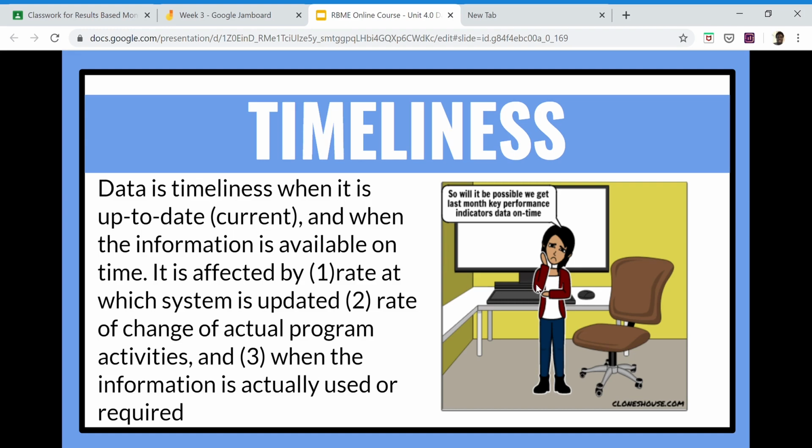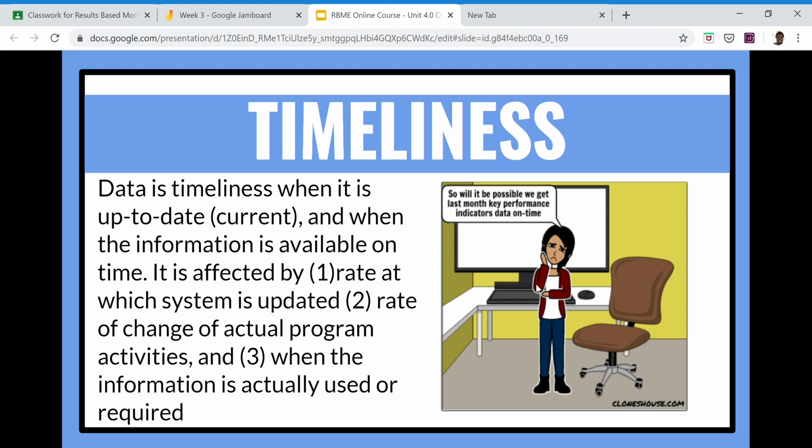So many organizations fall into this kind of trap in collecting data and reporting it on time. Which might mean that the system they are using to collect the data is not reliable enough to produce that data at the time you need it.